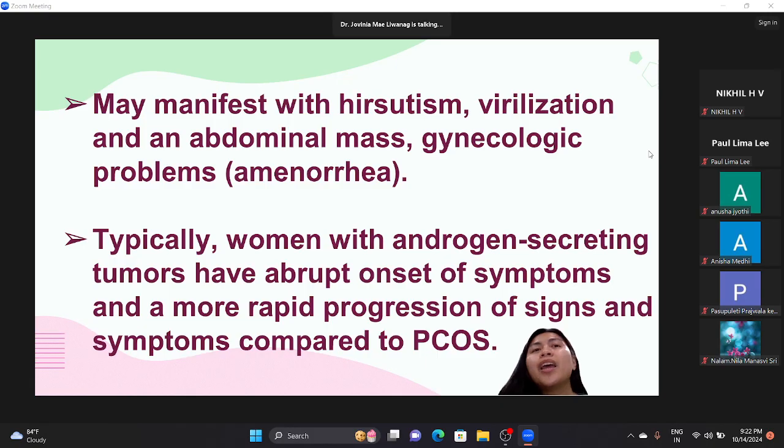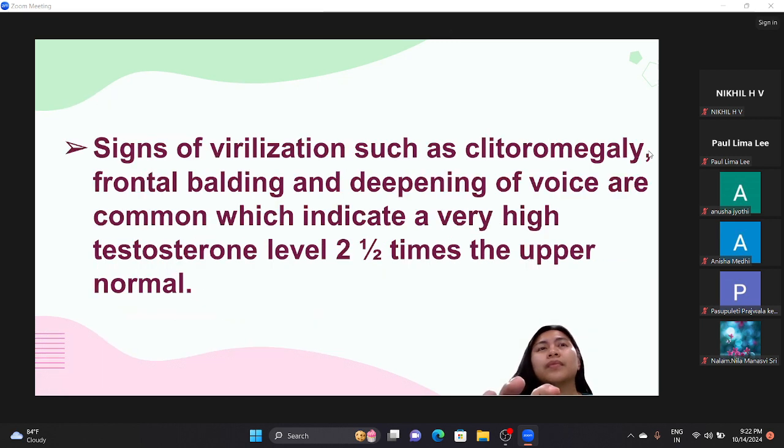They have an abrupt onset of symptoms and a more rapid progression of signs and symptoms compared to PCOS, or polycystic ovarian syndrome. Signs of virilization such as clitoromegaly, frontal balding, and deepening of voice are common, which indicate a very high testosterone level. Usually the high testosterone level is 2.5 times the upper normal.